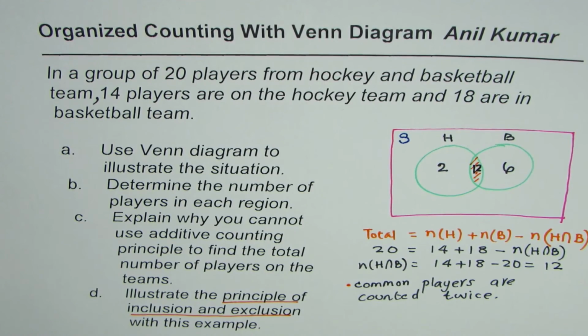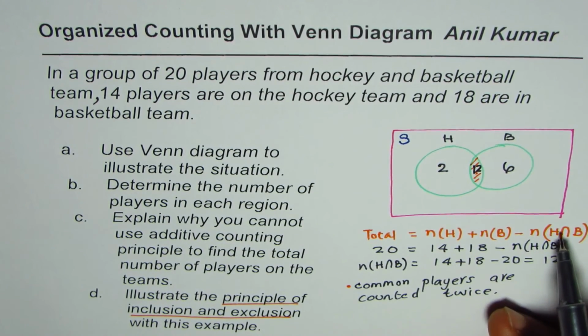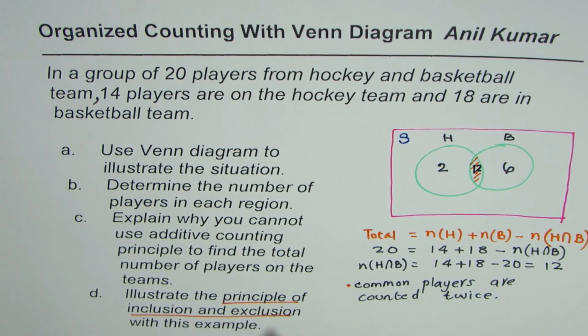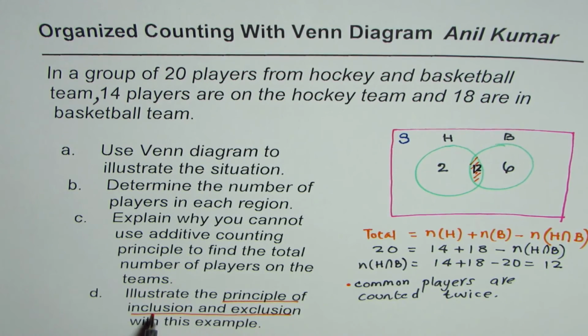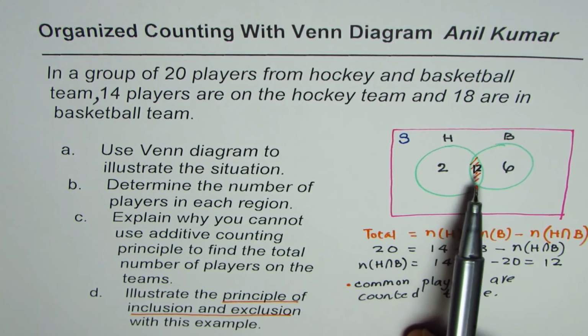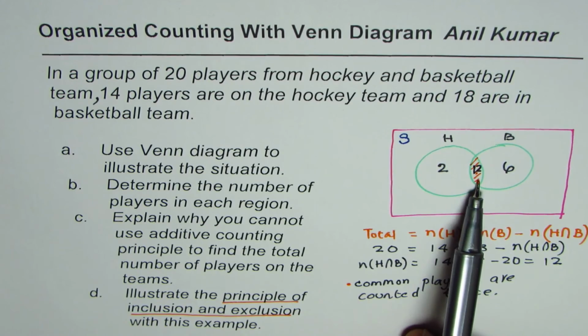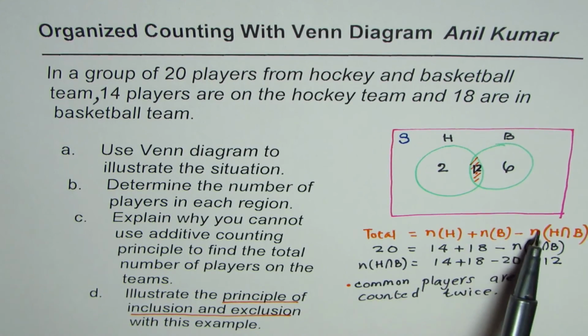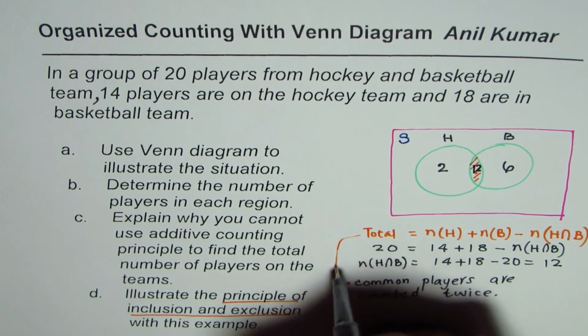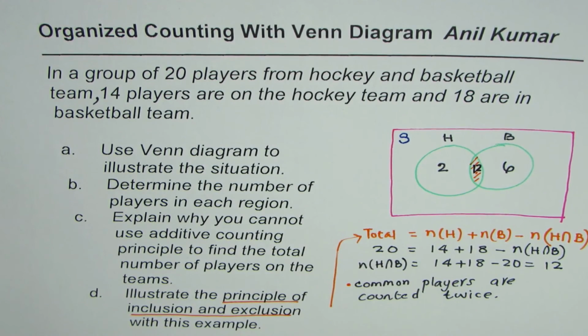Why we cannot use the counting principle. So we have to take them away. And that is the principle of inclusion and exclusion. So since these are included twice, we have to exclude them. And that is the principle of inclusion and exclusion.